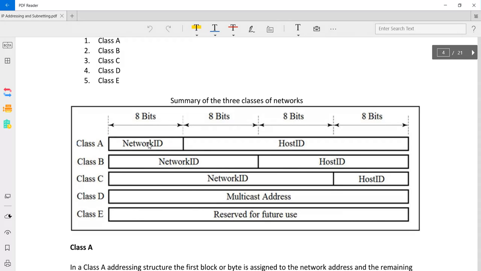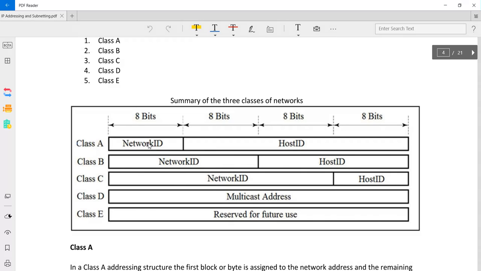They need to be in the same network. For that they need what? The same network ID. Now if they have different network IDs, then they cannot communicate, because they will be considered as different networks.